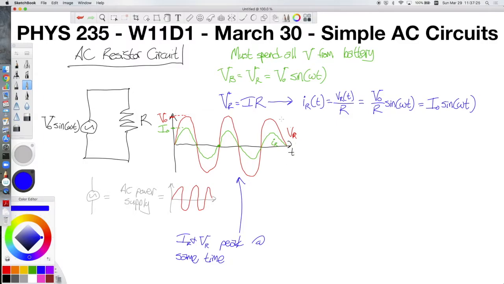If we apply an AC voltage to a resistor-only circuit, anytime the voltage, either across the resistor or the voltage of the battery, their equivalent, is at its peak, then the current will also be at its peak. When the voltage is at its trough, the current is also at a trough. When the voltage is at a zero, the current is also at a zero.